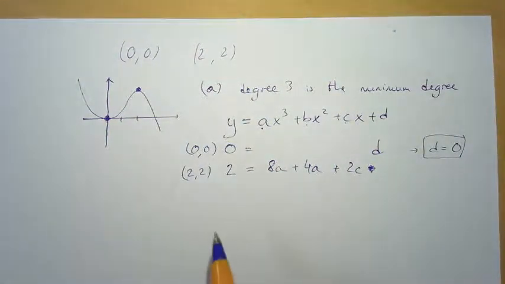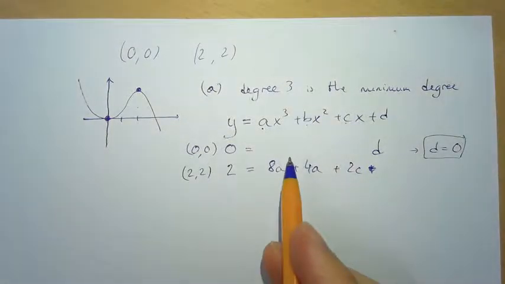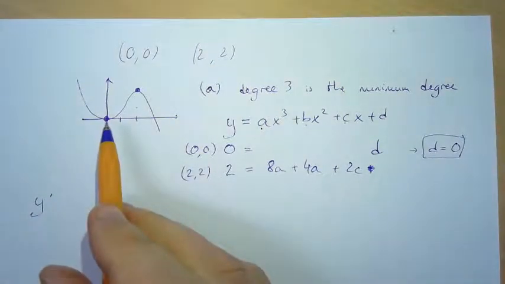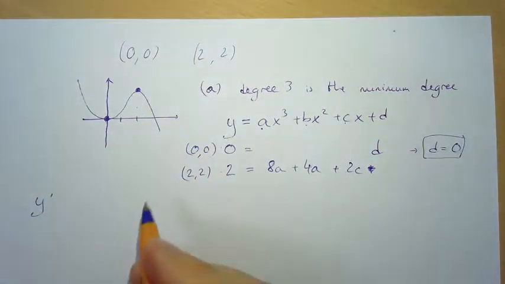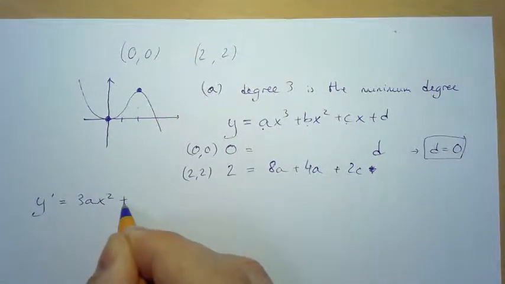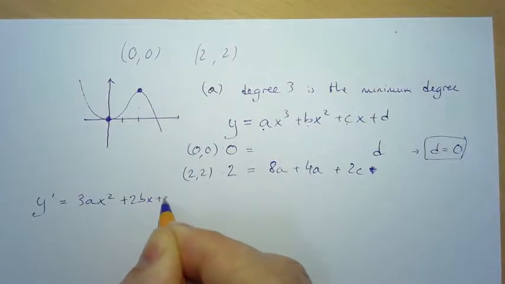That's one equation. And now we can work with the derivatives, because we know the derivatives are 0 here and 0 here. So the derivative of y is 3ax squared plus 2bx plus c.